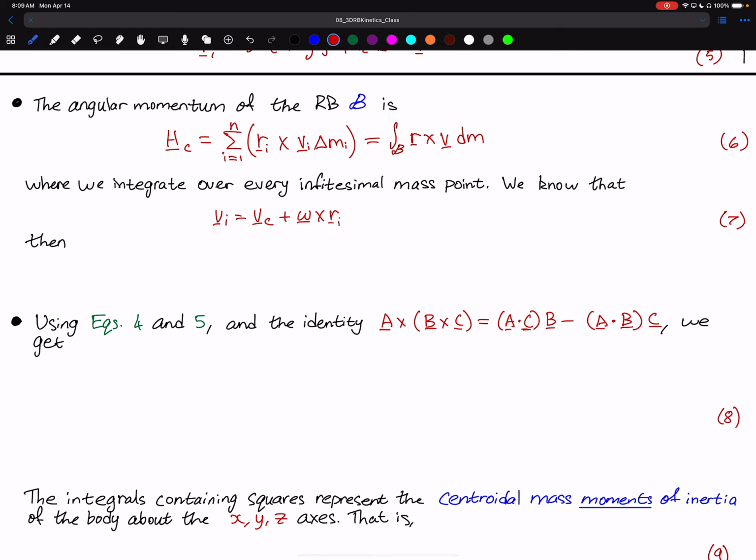And then our angular momentum h sub c will become the summation from i equals 1 to n of r sub i crossed with omega crossed with r sub i, all of that times delta m sub i, which is equal to the integral over the body of r crossed with omega crossed with r dm.